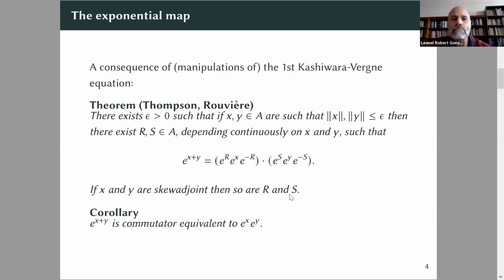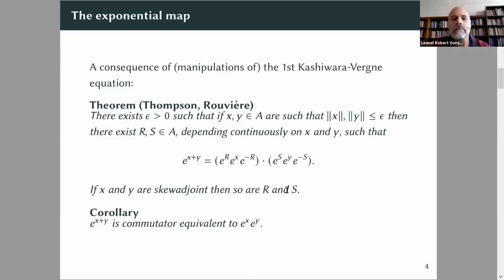Basically, we don't get a very clear formula for epsilon, but we know that when we're close enough to the identity, or the exponents are close enough to 0, then it is possible to break up an exponential of a sum into conjugates of x and y. And for R and S, there's some understanding of the formulas. They're given by series of iterated Lie brackets.